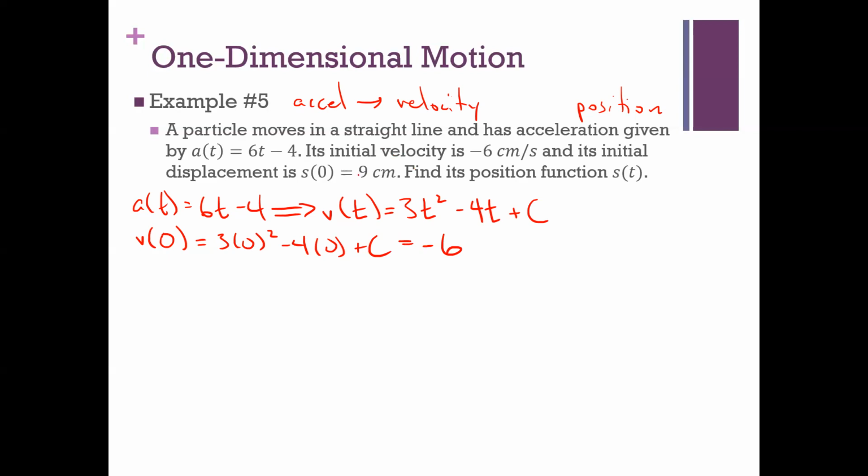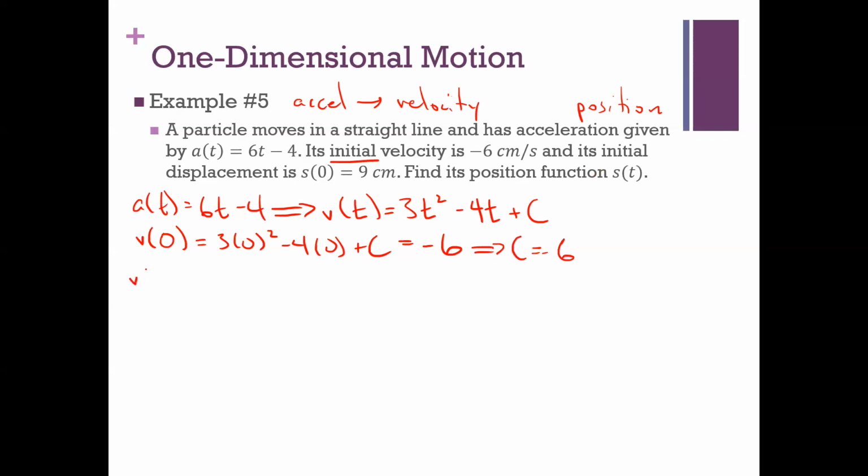Okay, and this is a kind of loaded word. Initial implies beginning, so time equals 0, right when I start measuring something. So I agree with this logic. What is c equal to then? -6. C is equal to -6.